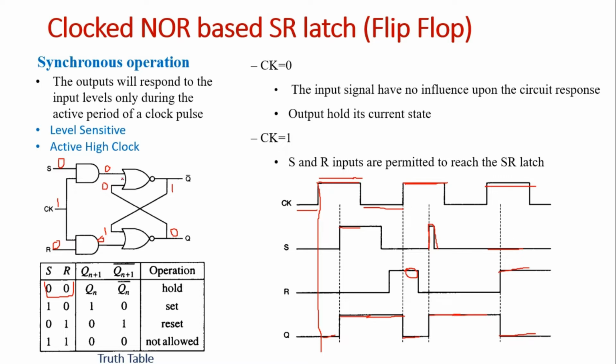So 0 NOR 0 results in a 1, and 0 NOR 1 results in a 0. So that means our output will remain unchanged if the input is 0 0. Similarly, we can verify 1 0, 0 1 as well as 1 1. So let us discuss the 1 0 input.